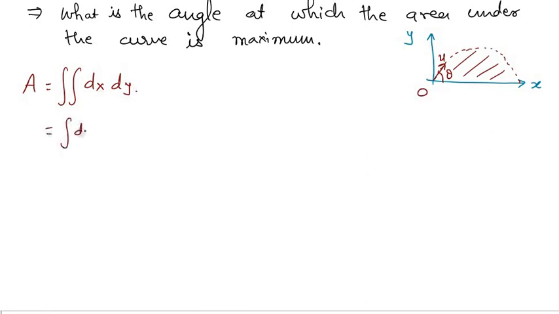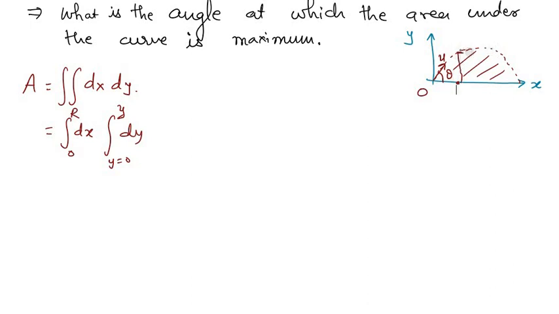The first integration, dx, will go from 0 to some range r, and the dy integration goes from 0 to some y, because y will vary from 0 to some y, and this is a y strip. Let me make a strip with a different color. So this is your y strip. Consider a strip that goes from 0 to y, and you displace this strip from x equal to 0 to r. That will be your total area.